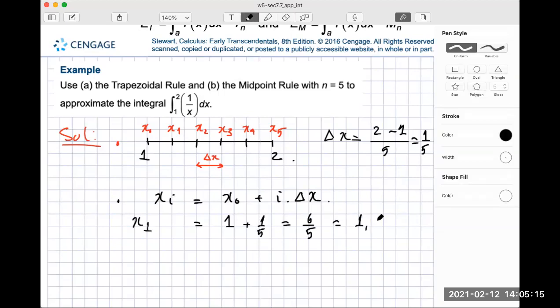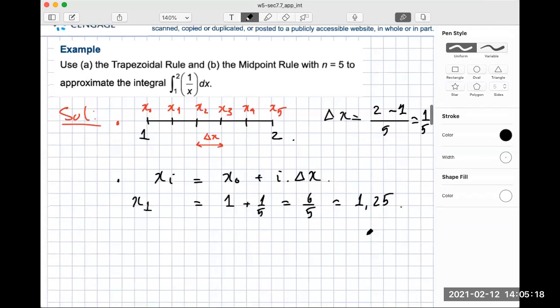Or if you want to write it in this form, x2 is 1 plus 2 times 1/5. This is 1.2, and here this is 1.4.